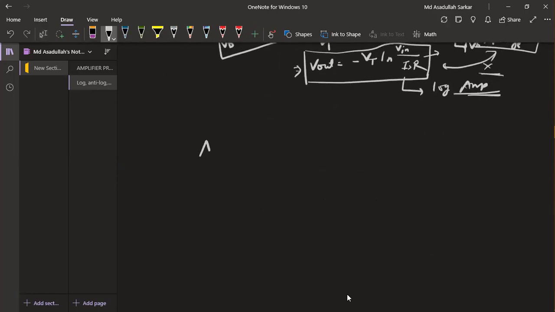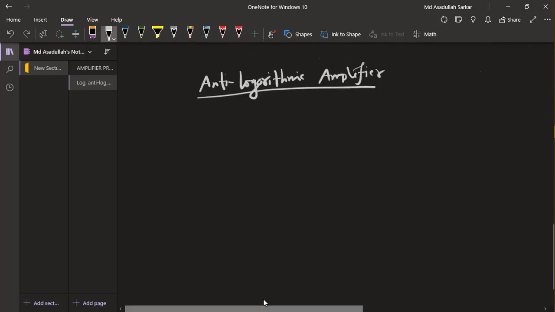Now we will discuss the anti-logarithmic amplifier. In this case, the circuit is almost the same as the one before, but the difference is the direction of the diode. Here is the op-amp, but the diode is now connected in reverse direction.